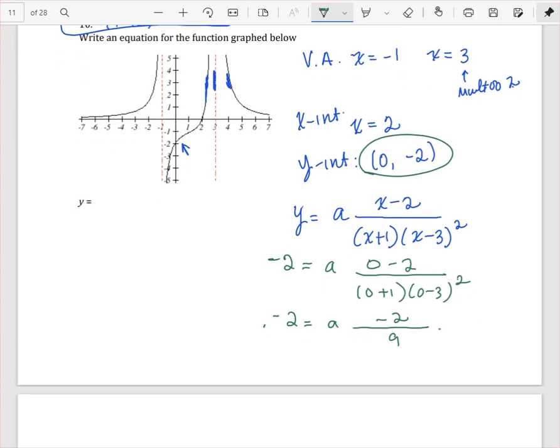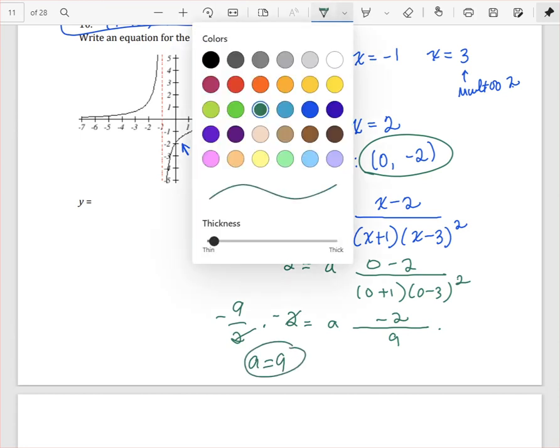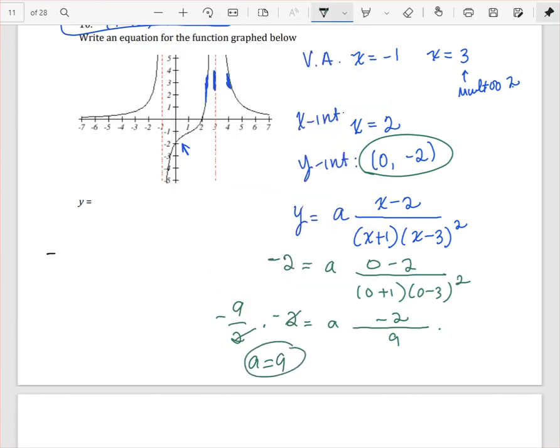And we're going to flip the fraction so that we can bring it over here. And we get a equals -9. So the final answer would be, you can put the 9 here in the front or you can put it on top if you want. Like that.